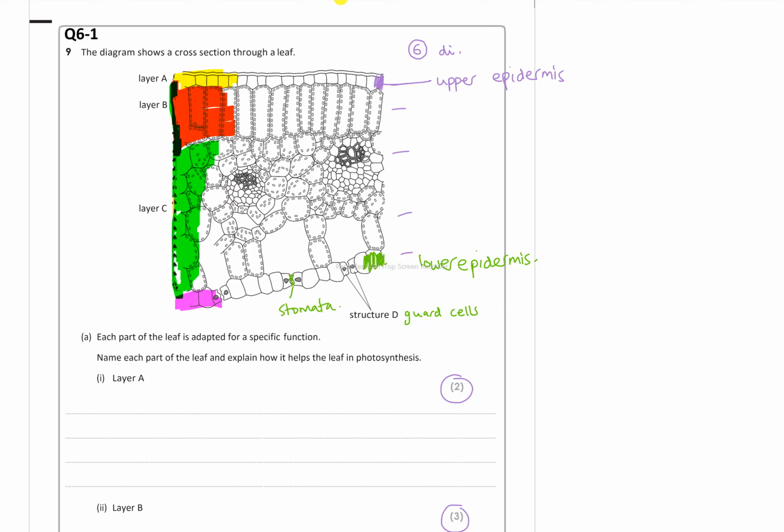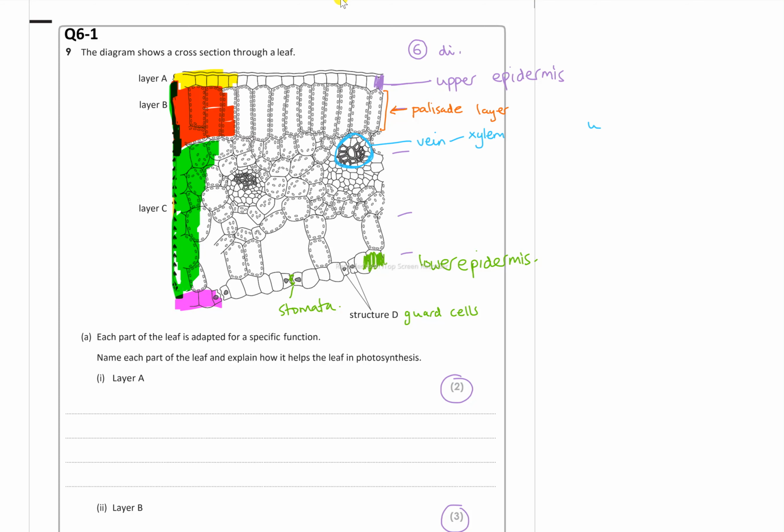Right, then you've got this layer here, and that's the mesophyll palisade layer. And then you've got, right, look at this structure here. That's a vein, and it consists of a xylem.